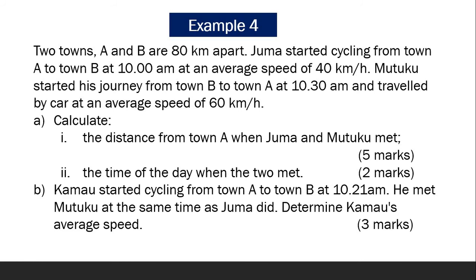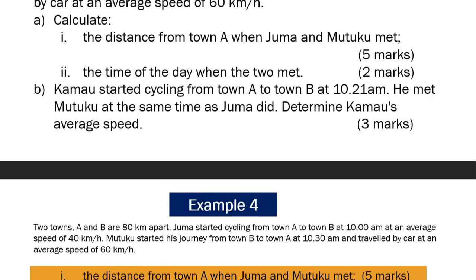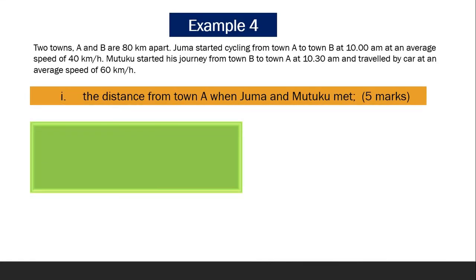So as usual, the first thing you need to know is, are the two approaching each other or moving in the same direction? So the distance from town A when Juma and Mutuku met. The distance covered by Juma in 30 minutes, because the other one started at 10:30, so we need to get the distance covered first.